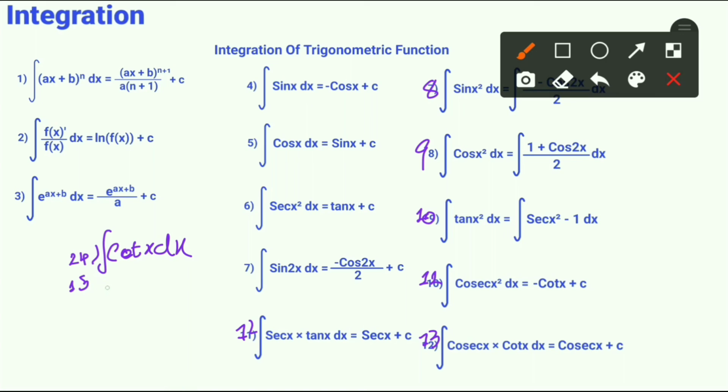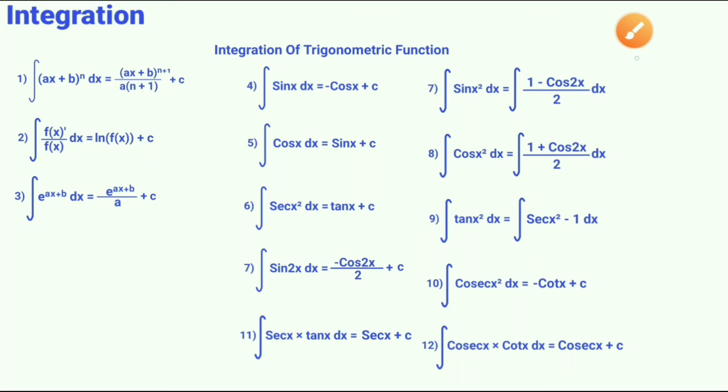I'm going to show you that, and also the integral of tan x. And also, yeah, I'm going to show you the integral of sec x. So there are a total of 16 of them.